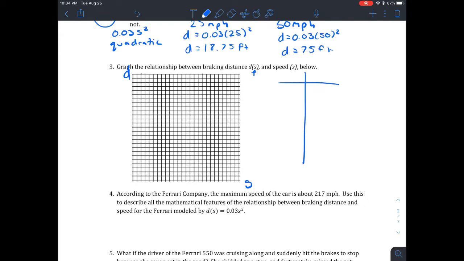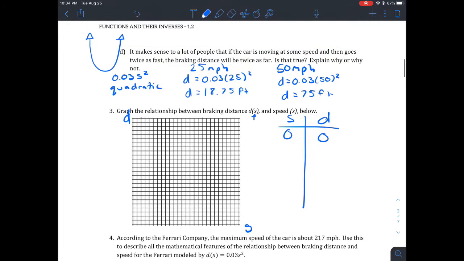All right. So let's look back at some of the points that we got. One that we can just plug in right away: here we have our S and our D. We know that we would have 0, 0. If we plugged 0 into that function, we would have a 0, 0 point. And then we also have 25, and we know that that's 18.75.